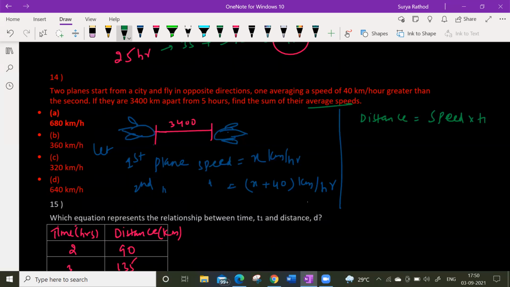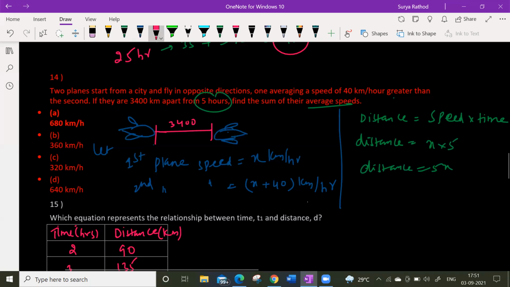One second. Distance is speed times time. How much time is given? 5 hours. We took the speed of the first as x, so x into 5, so 5x. This is the distance traveled by the first flight.